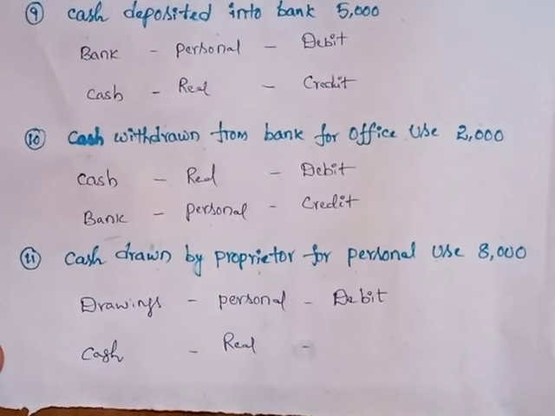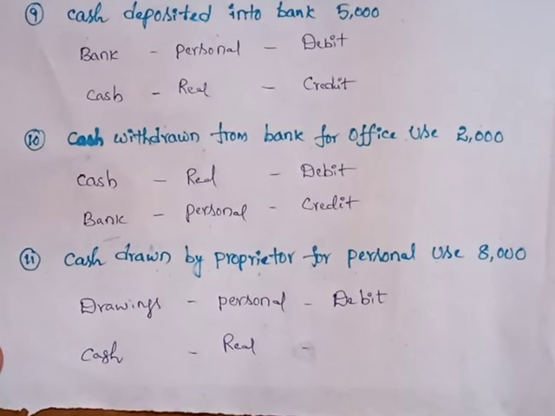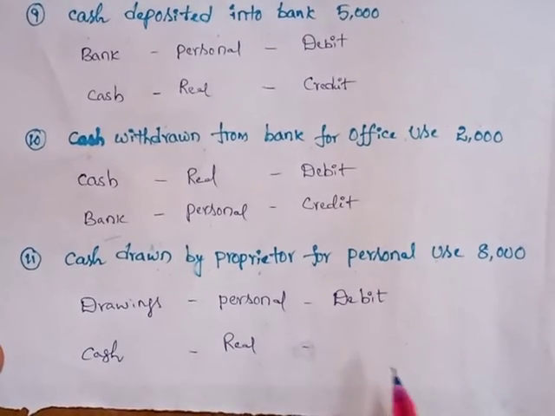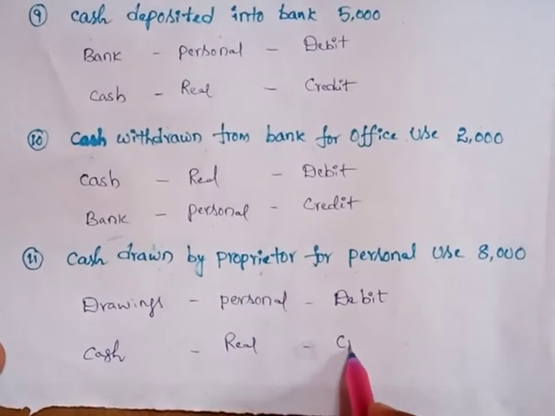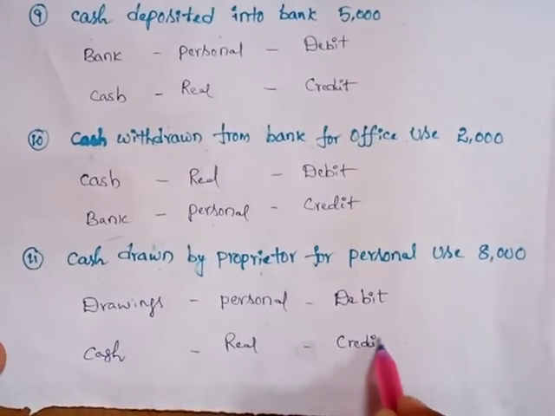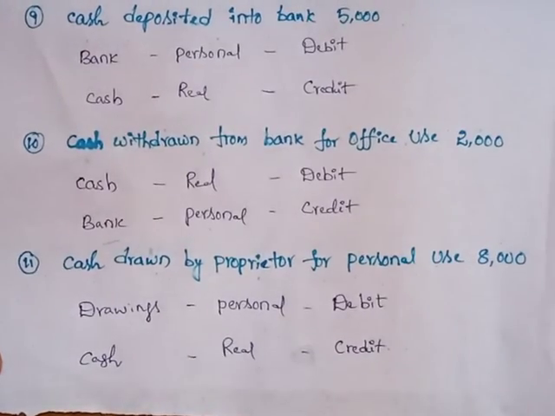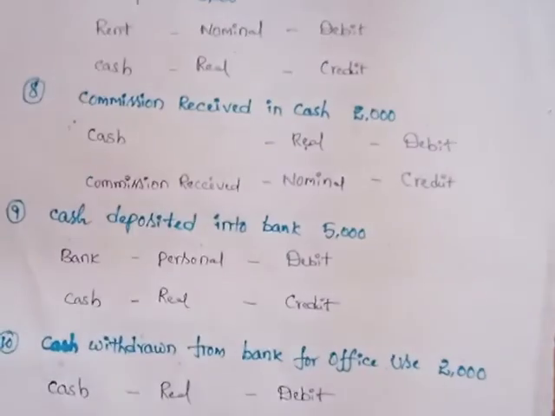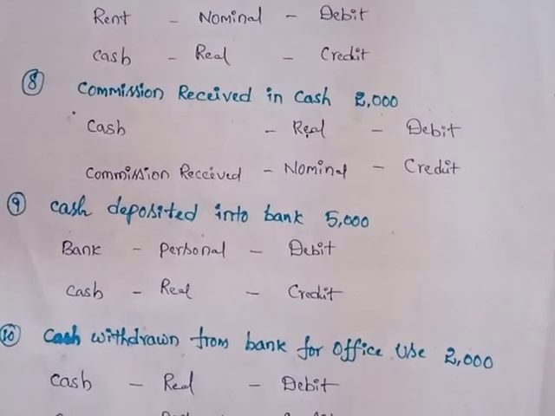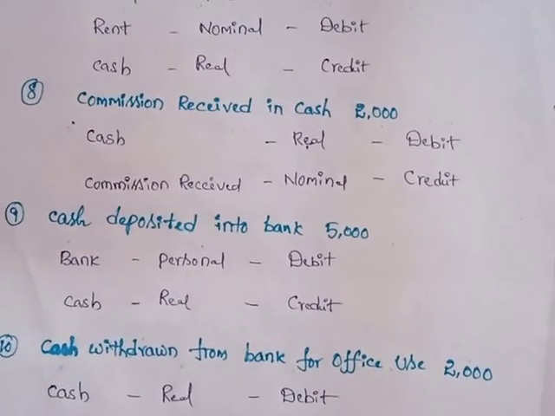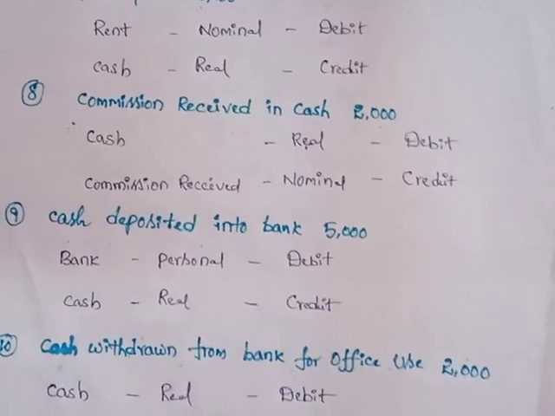And when proprietor takes the cash for his personal use, cash will go out from the business. So according to real account, what goes out? That will be credit. So this is the analysis of transactions on the basis of rules of double entry system.